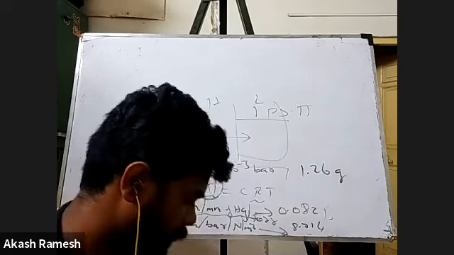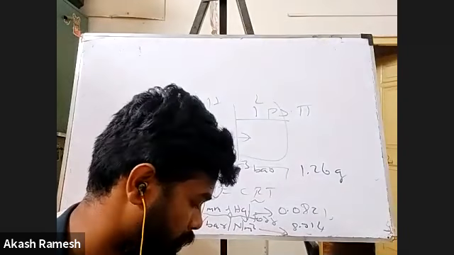Yeah, 61,000 is correct. 61,039 gram per mole is correct.